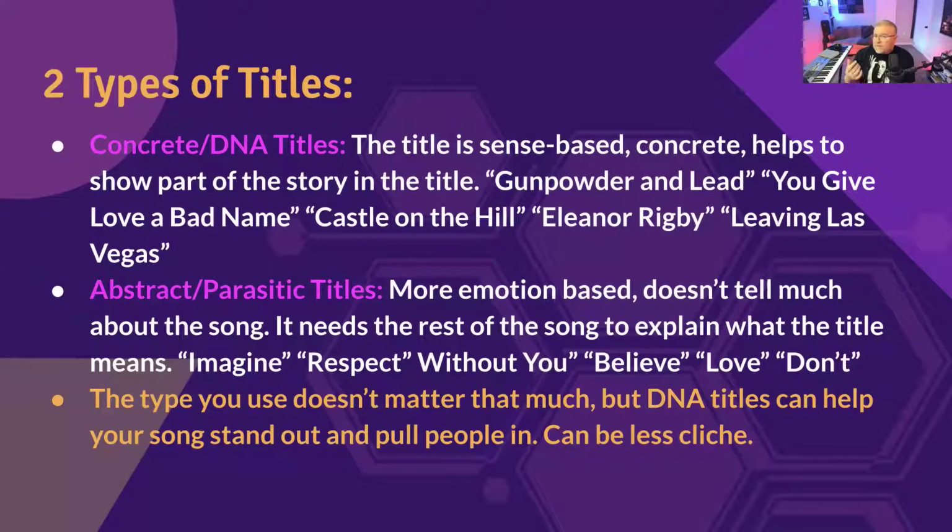So examples of a DNA title would be like Gunpowder and Lead, You Give Love a Bad Name, Castle on the Hill, Eleanor Rigby, Leaving Las Vegas. All of those are very visual, very concrete detail. It sort of tells part of a story just in the title.